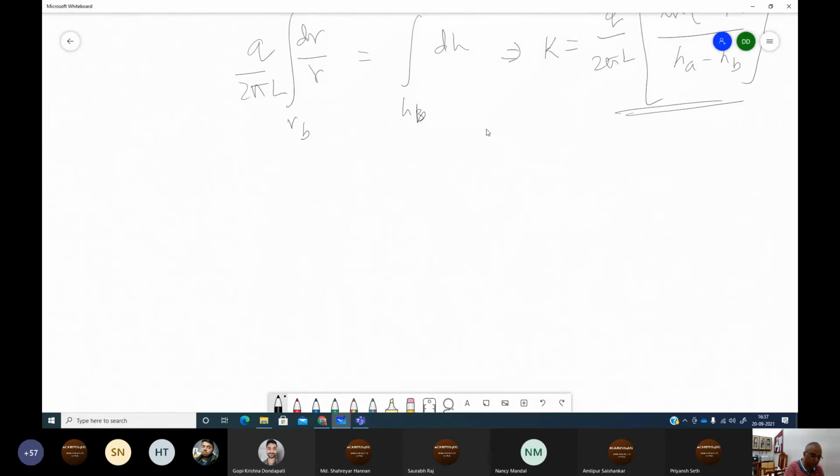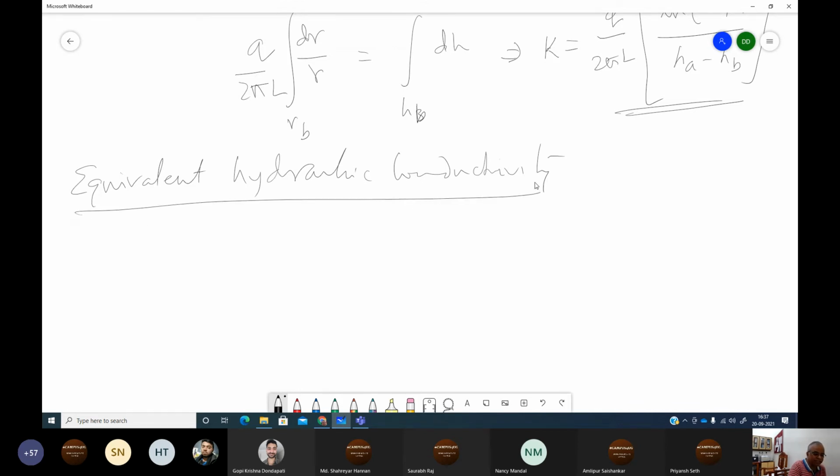Okay, let us go this way. So equivalent hydraulic conductivity. Sometimes we use it.